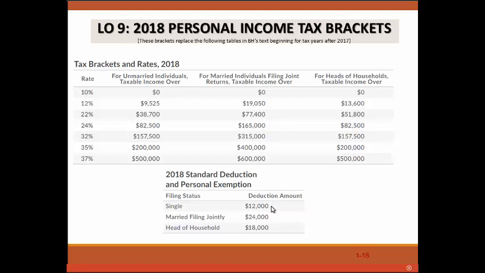Single individuals receive a $12,000 standard deduction, married, double that, and head of household would have 150% of the single person's standard deduction. So there is a quick summary of the Tax Cuts and Jobs Act of 2017.